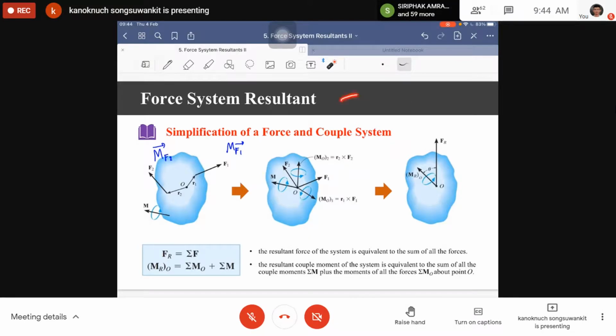Here is how we use the equivalent system to move all forces and help us solve the problem.